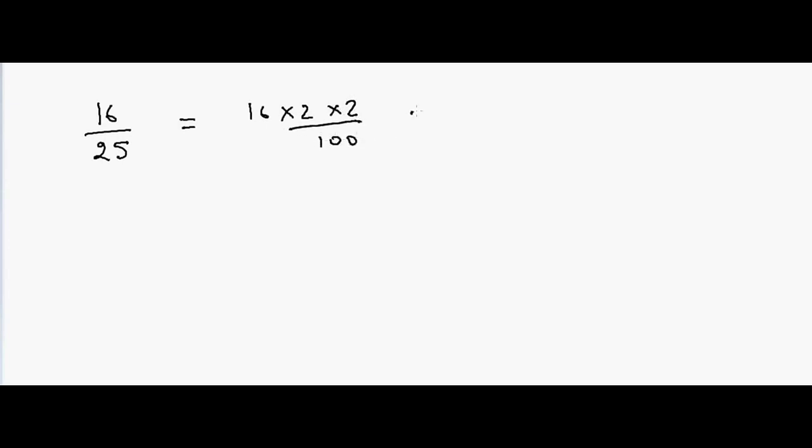Here the double of 16 is 32, and the double of 32 is 64, so the answer is 0.64. Again, if I have 4 divided by 25, that will be 4 into double of 4, which is 8, and double of 8 is 16, so 0.16.